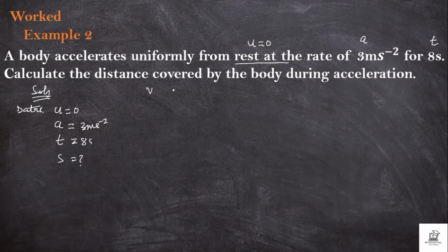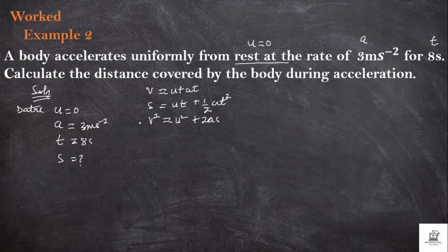Let's see. We have V equal to U plus AT. We have S is equal to UT plus half AT squared. And we have V squared is equal to U squared plus 2AS.